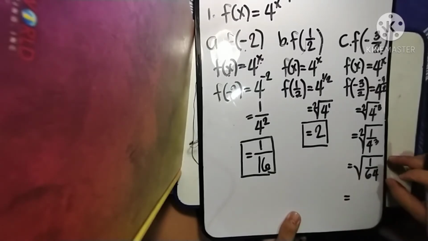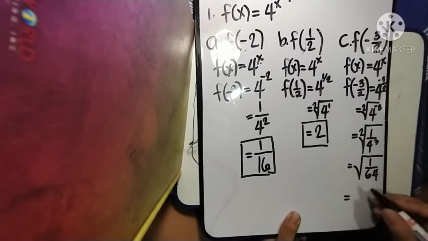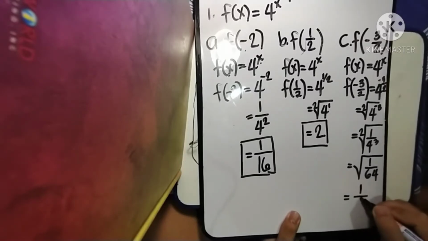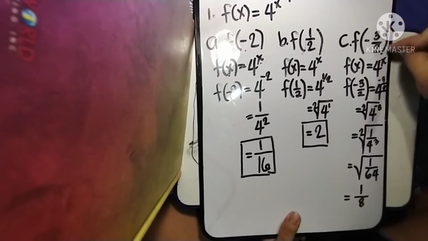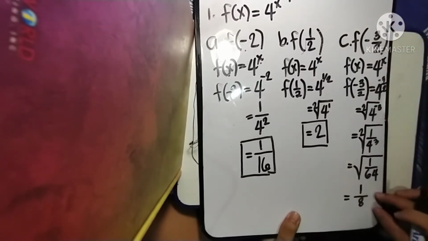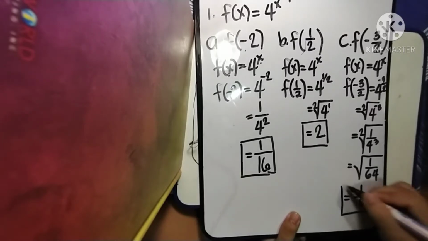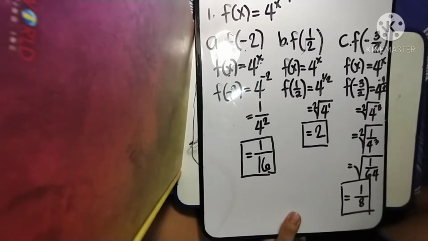Now, if we are going to simplify this one, square root of 1 over 64 is 1 over 8. So, if x is negative 3 over 2, our function f of x equal to 4 to the power of x is equal to 1 over 8. So, that is on how to evaluate a given exponential function. Okay? So, that would be all for this morning.